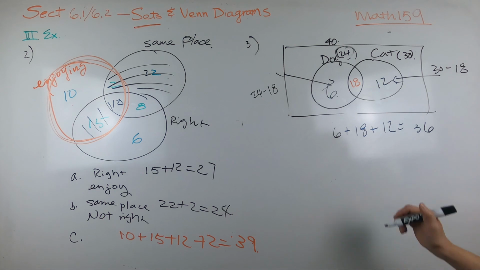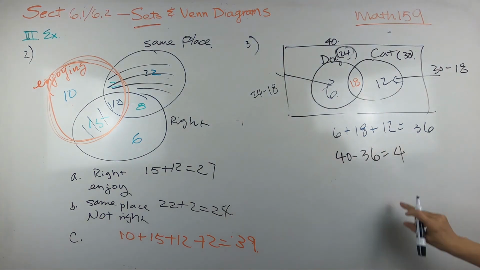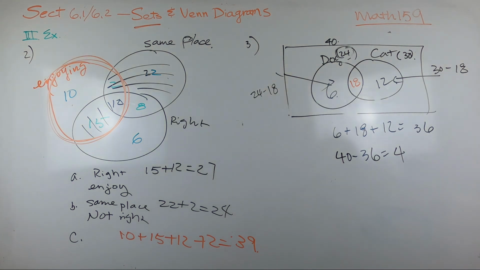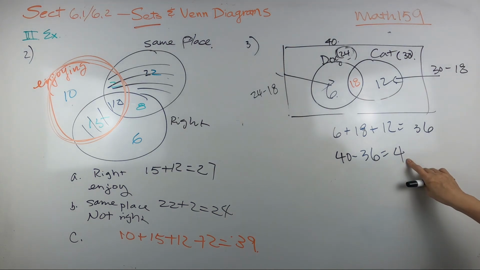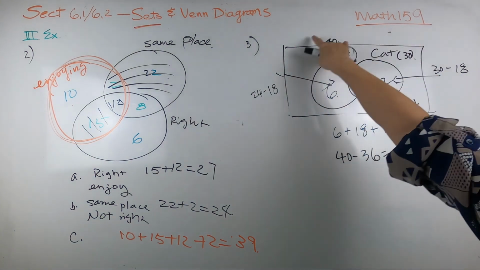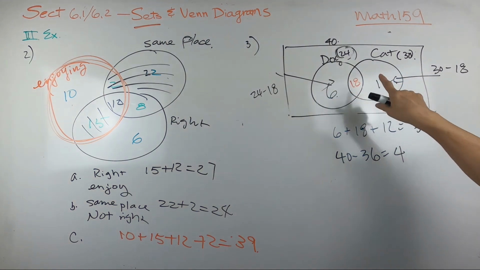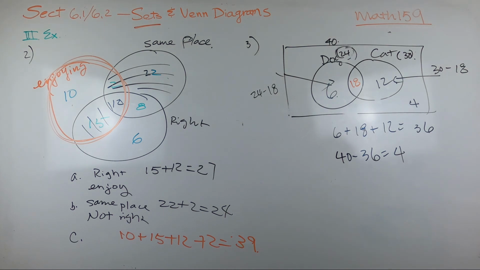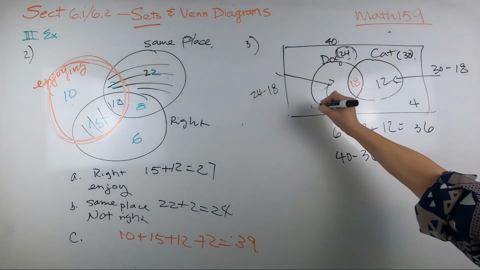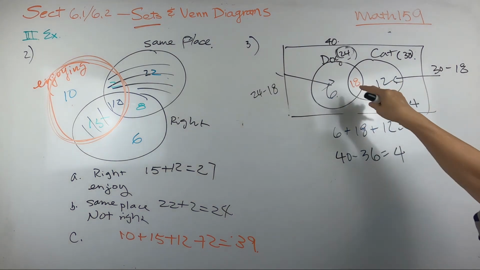It means 40 minus 36 leaves 4 households. What does it mean? It doesn't have cats or dogs. So you put a 4 here. That means it belongs to the 40, but it doesn't belong to dogs or cats households. Got the idea? So we use a Venn diagram to show the concepts this way.